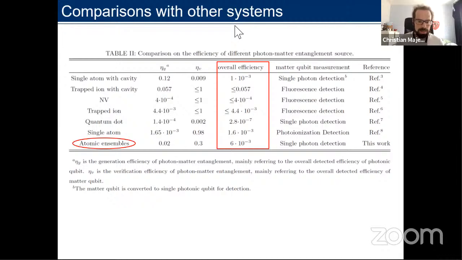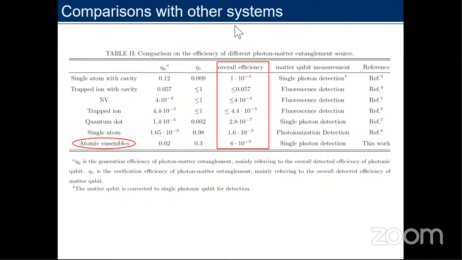So Sidhu's question is, what are the major problems in atomic ensembles compared to other platforms like NV centers, quantum dots, etc., in realizing a quantum repeater? Okay, so from my point of view, each system has its strengths and weaknesses. For the atomic ensemble system, I think I've talked a lot about the advantages.